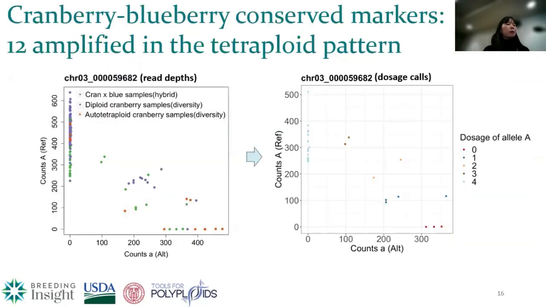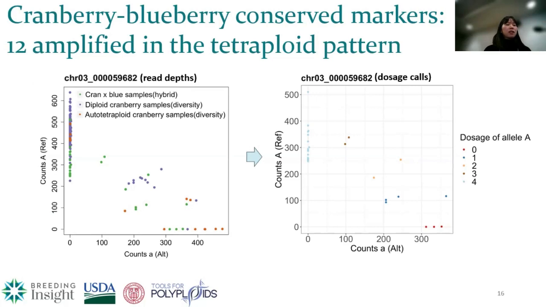Then we checked the read depth ratio between the reference alleles and the alternative alleles for each marker to figure out the dosage calling pattern among hybrids. We also used the diploid cranberry sample and the autotetraploid cranberry sample as a benchmark.